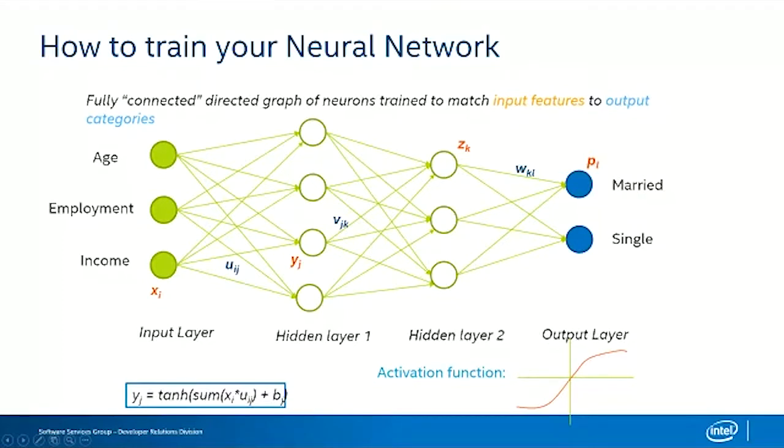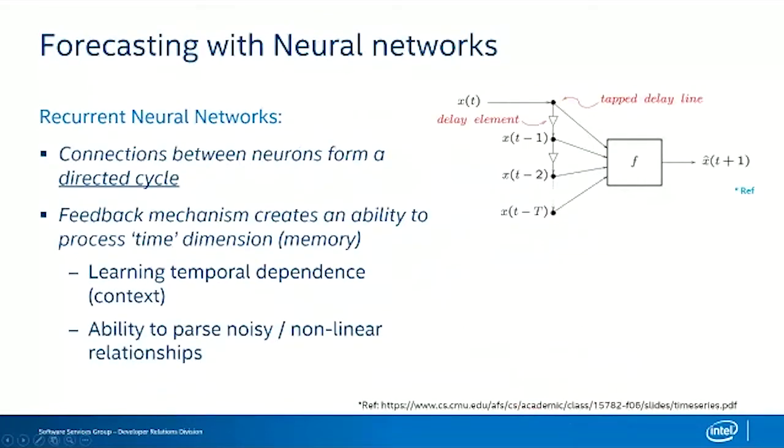So you could have any number of layers in between. Of course, the computational complexity gets deeper the more layers you have. You have to make a choice in the number of nodes in each layer, etc. And this is where a lot of different compute topologies actually come into play. You have CNNs, you have recurrent neural networks, etc. So what I'm going to talk about here really is recurrent neural network-based forecasting. Here you have connections between neurons that form a directed cycle. So take a look at this example.